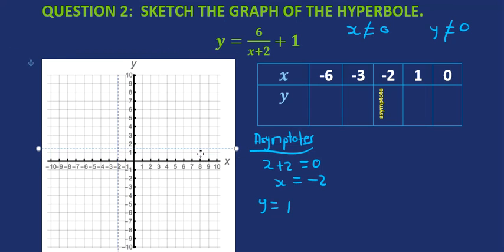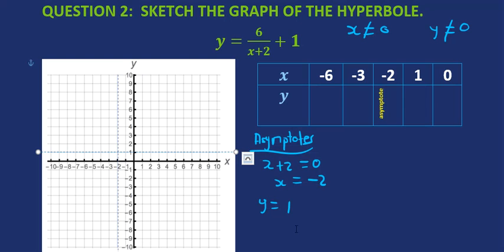Okay, so we've got our asymptotes there: x equals -2 and y equals 1. Remember now, our graph may not touch these asymptotes.